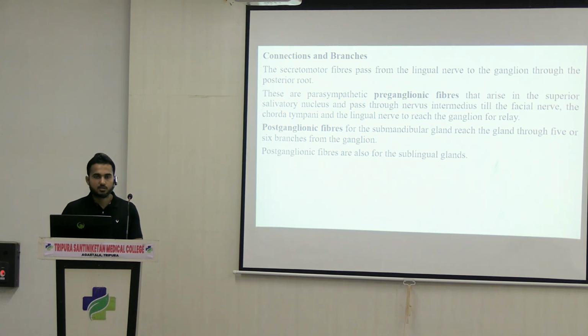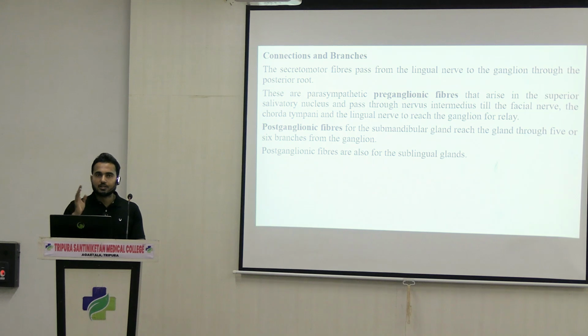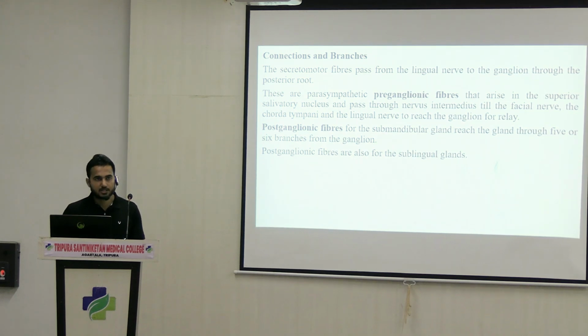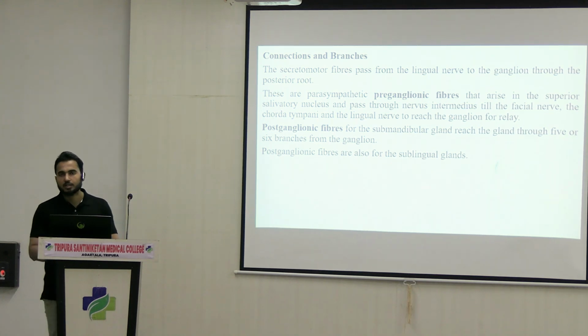The fibers which are coming out from there are preganglionic fibers. From there the fibers will come through the nervus intermedius, then the chorda tympani nerve of the facial division, then the lingual nerve, and from the lingual nerve it will go to the ganglion, and then it will relay over there.